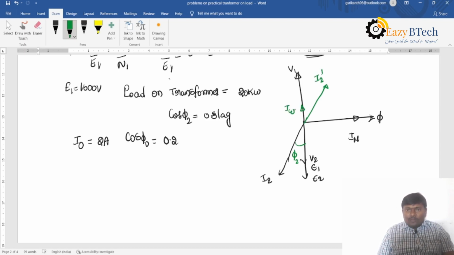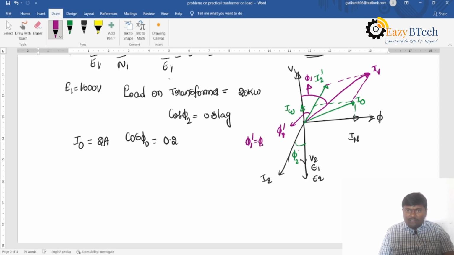This is a wattful component of current. First of all, I am representing the no load current. This no load current is I0. So by adding these two phasors, then I get the resultant current. That resultant current is called the I1. The angle between V1 and I1 is called the phi 1, and this is phi 2, and this angle is also phi 1 dash. That is phi 1 dash is equal to phi 2.